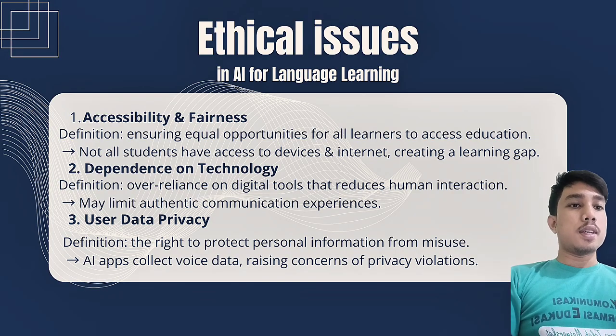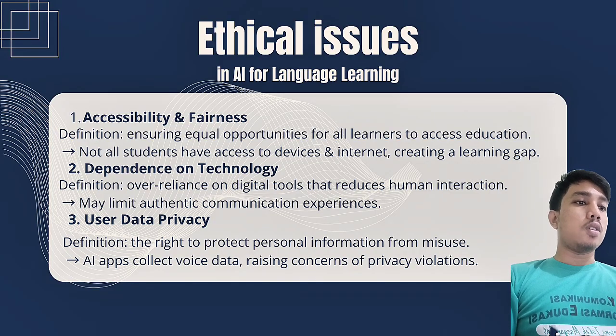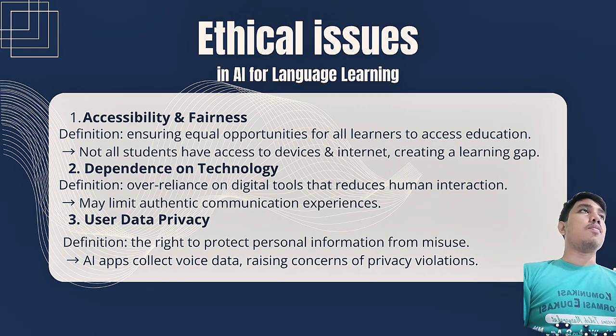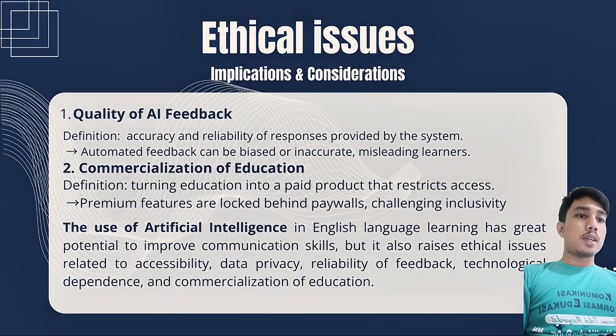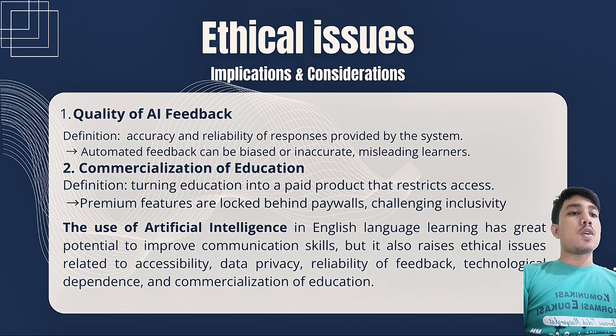And the second is dependence on technology. The definition of this ethical issue is over-reliance on digital tools that reduces human interaction. And then the next is ethical issues from implication and consideration. The first is quality of AI feedback.